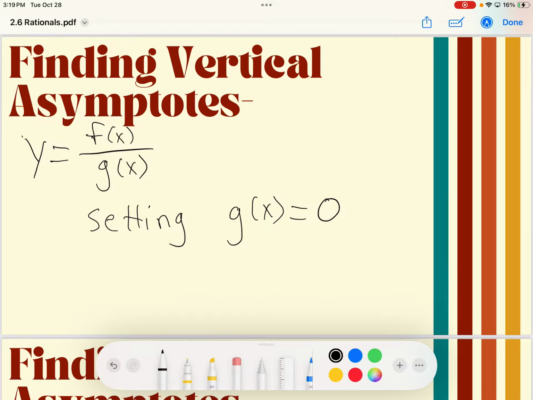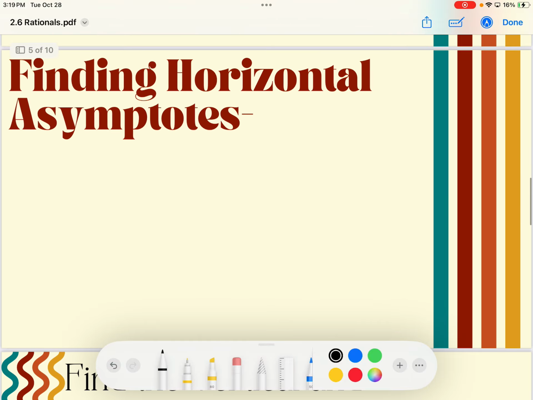Now, our horizontal asymptotes, we said, are the y values that the function gets close to as x gets really big or really small. Someone brought up that getting really close to stuff sounds like what we talked about with limit notation, which is true.